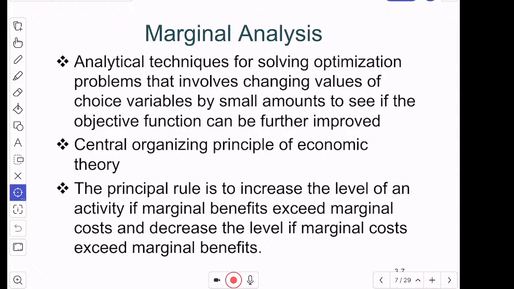So our goal is going to be to look for the marginal impact. So adding one more unit of our activity, how does that impact our objective function?